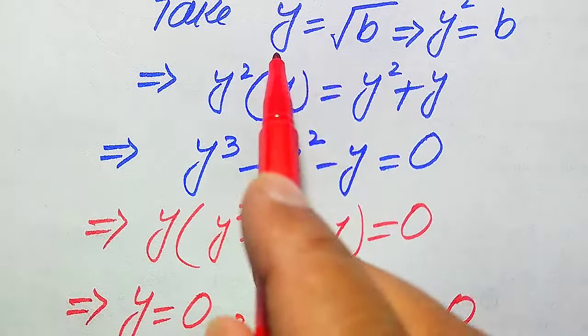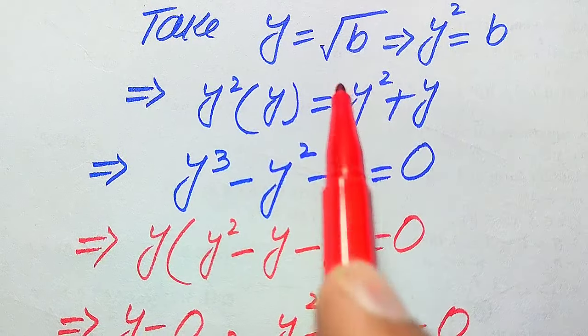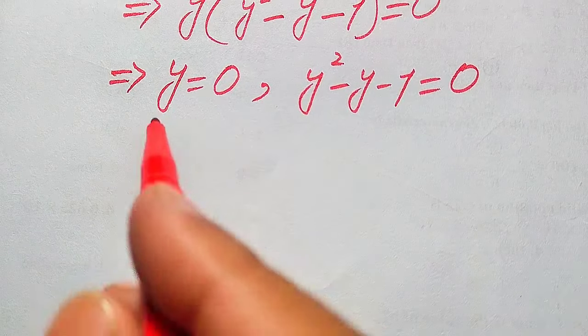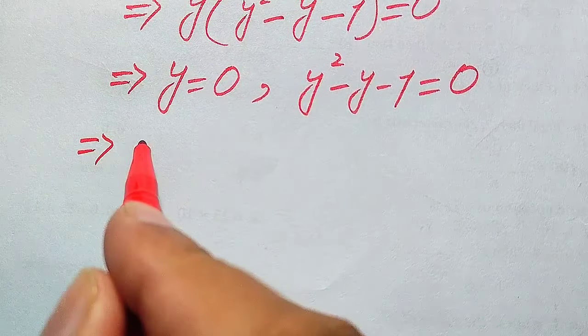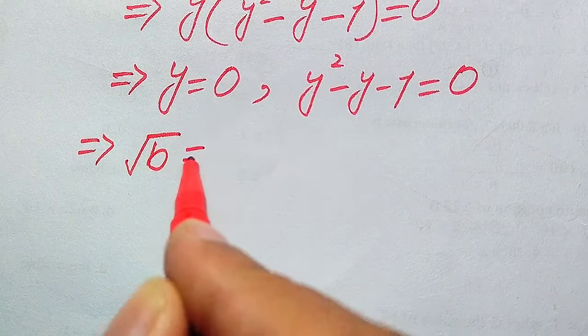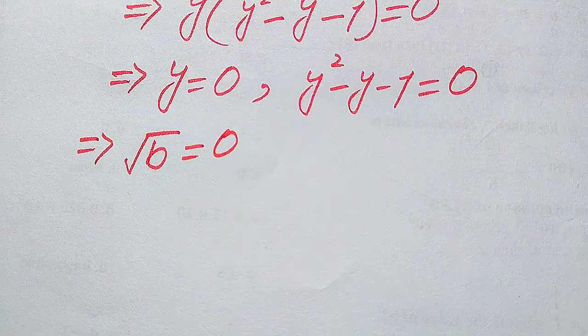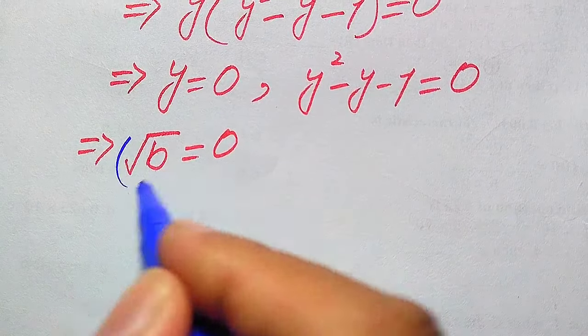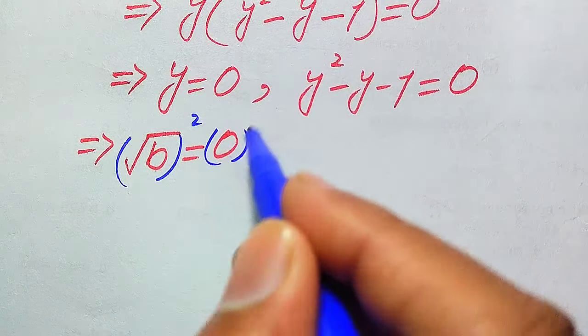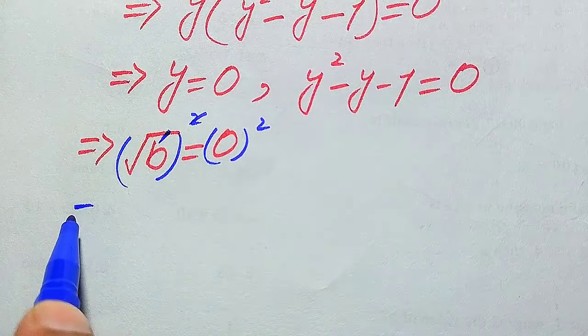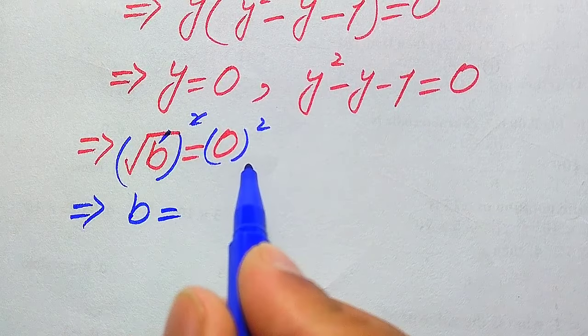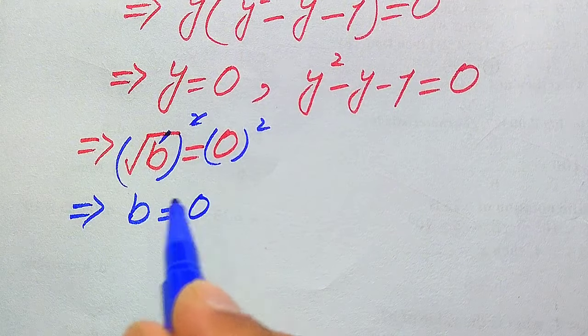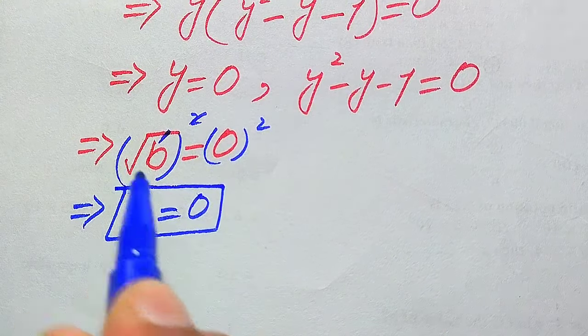You see our y equals square root of b, so we back substitute and it becomes square root of b equals y. From here we get the first root of the given equation. For this we apply squaring on both sides, so the square and square root are gone and we get b equals 0 squared, and 0 squared becomes 0.